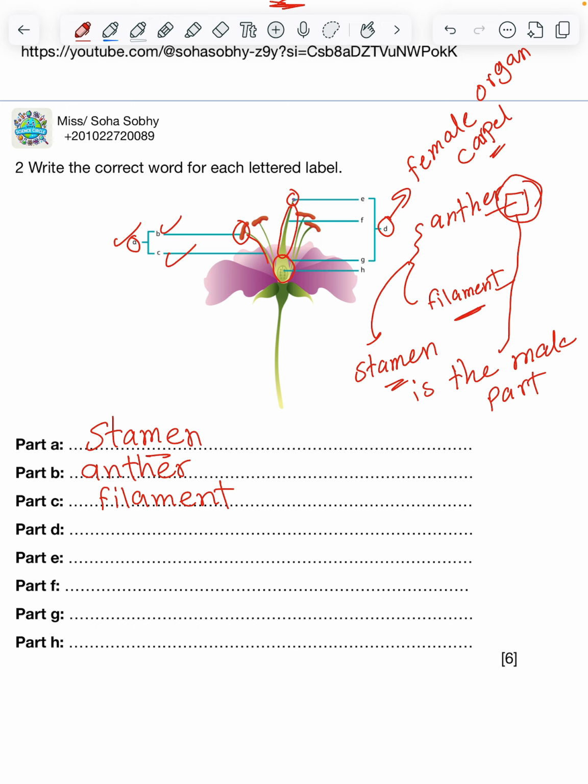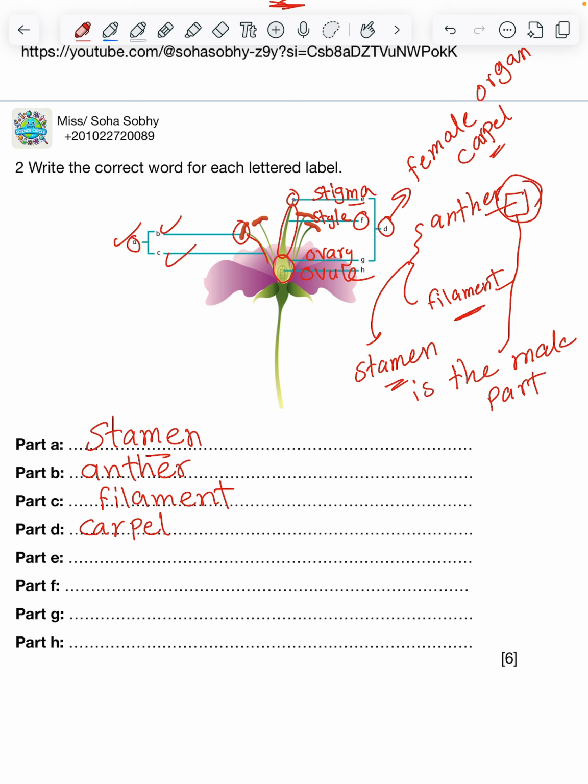This female organ consists of stigma, which is sticky to catch pollen. Style, it's a long tube that connects between the stigma and the ovary. So here we have ovary. And inside the ovary we have ovule. So again, letter D is the female organ, which is called carpel.